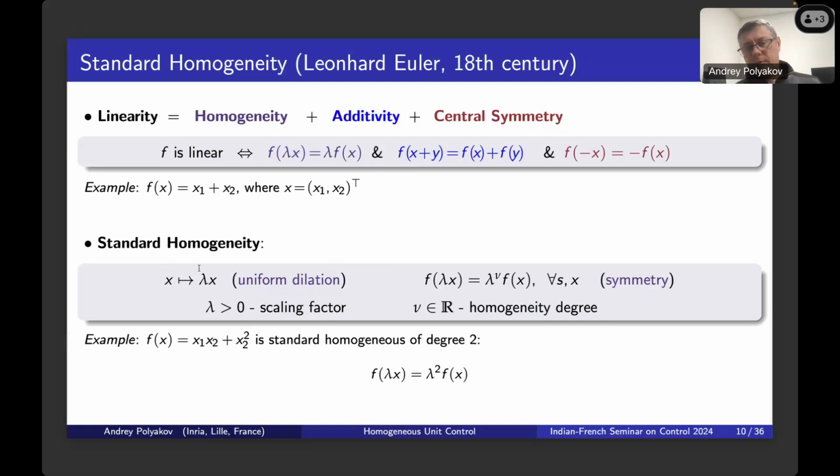So if we have the operation of multiplication by lambda, and for some function of x, we have the following symmetry property: scaling of the argument is equivalent to scaling of the value of the operator with the parameter lambda up to some power nu. And this power is known as the homogeneity degree. Here are a couple of the simplest examples of homogeneous functions, like a linear function or a quadratic function, and they have different degrees according to this definition of Euler.